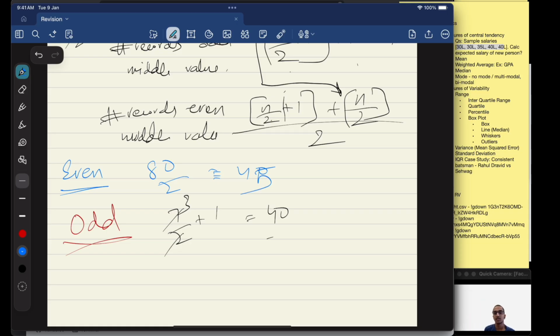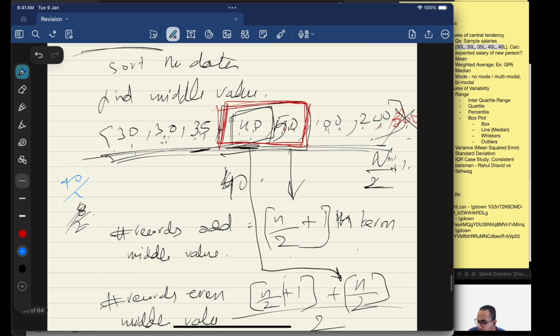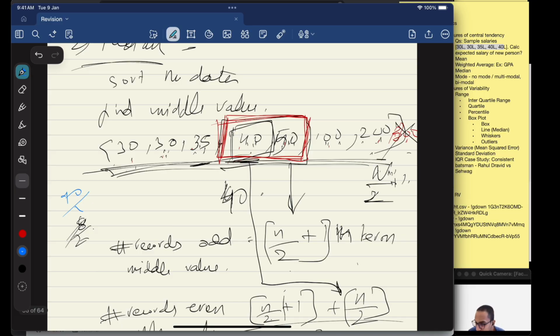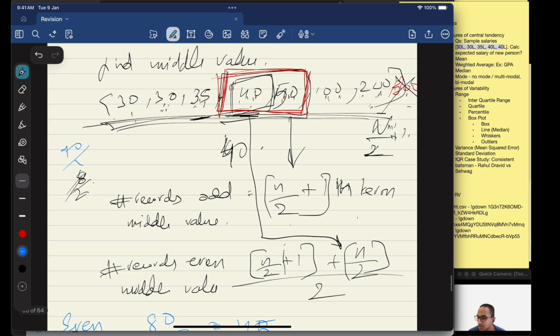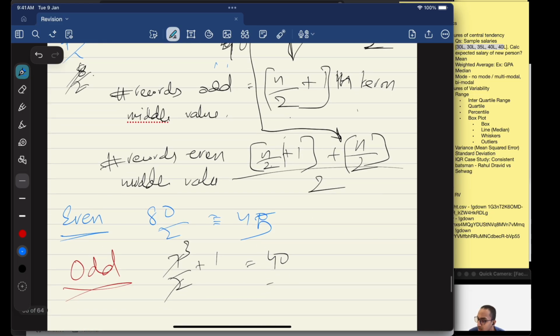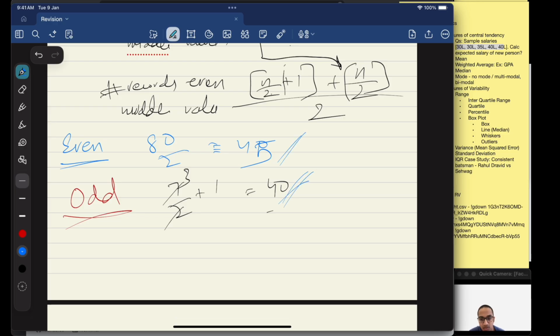Right, so that's how you find the median. And as you can see, this is actually pretty robust to outliers. The mean gave us 95, while the median gave us a much more accurate center point, a much more accurate middle value of around 45 or 40 depending on the data set.